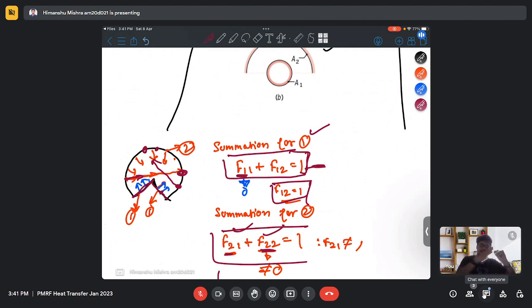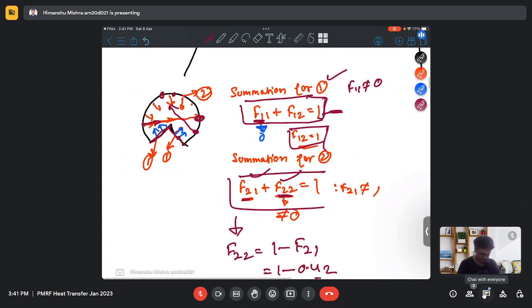If 1 is a concave surface, then F11 is also not equal to 0. There should be some non-zero or finite shape factor F11. If my geometry is like this, here this F11 is also not equal to 0 because it's a concave surface.